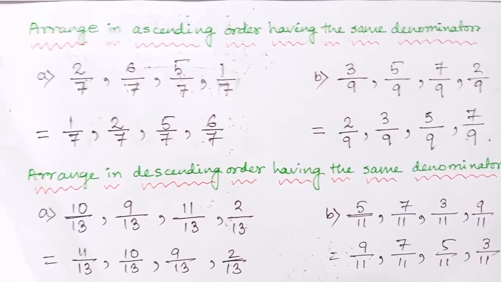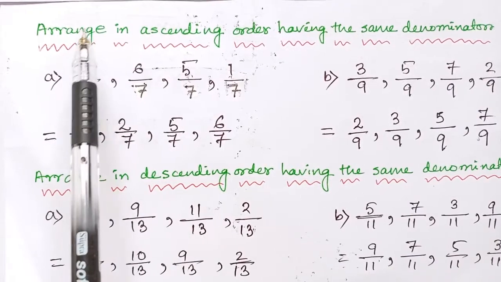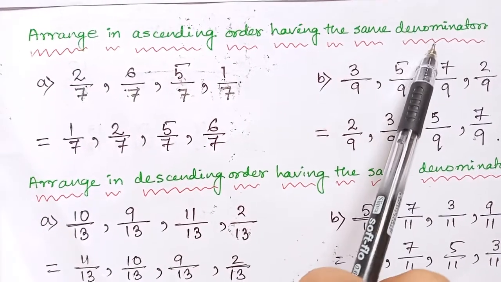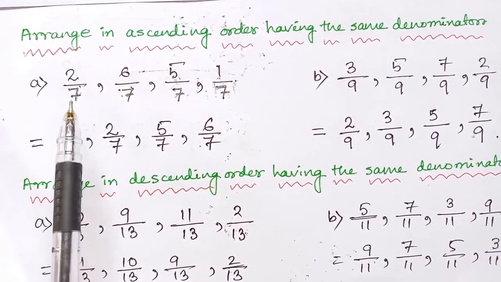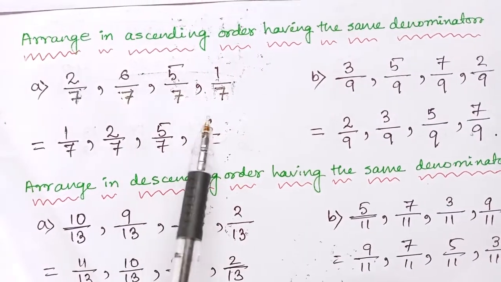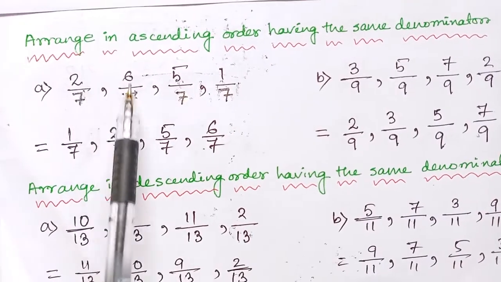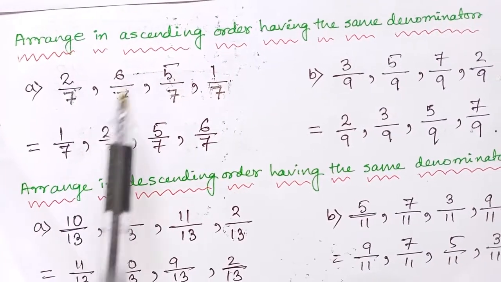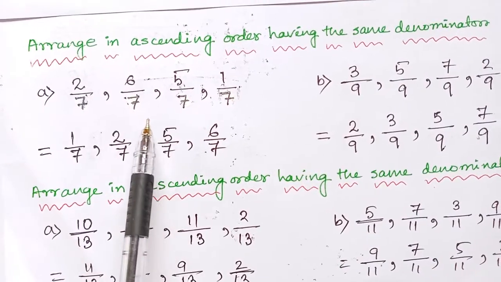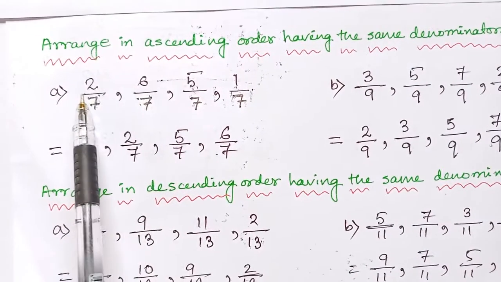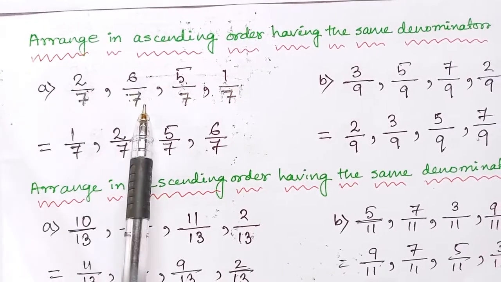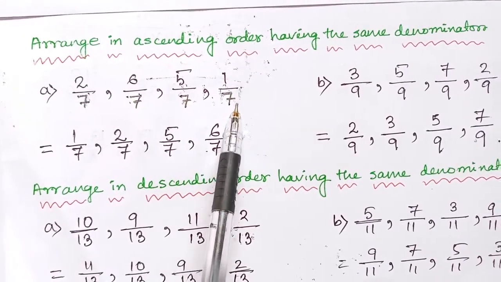Now come to ascending order and descending order. First, arrange in ascending order having the same denominator. So when the denominators are all equal or same, then the larger numerator will be the larger fraction and smaller numerator will be the smaller fraction. Example number A, 2 by 7, 6 by 7, 5 by 7 and 1 by 7.